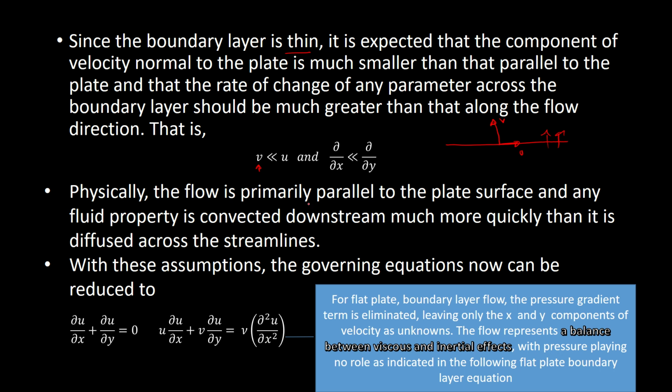Physically the flow is primarily parallel to the plate surface, and any fluid property is convected downstream much more quickly than it is diffused across the streamline. Okay, with this assumption, the governing equation can now be reduced to du/dx plus dv/dy equal to 0, which is the continuity equation, and then u du/dx plus v du/dy equal to nu d squared u over dy squared. Okay.